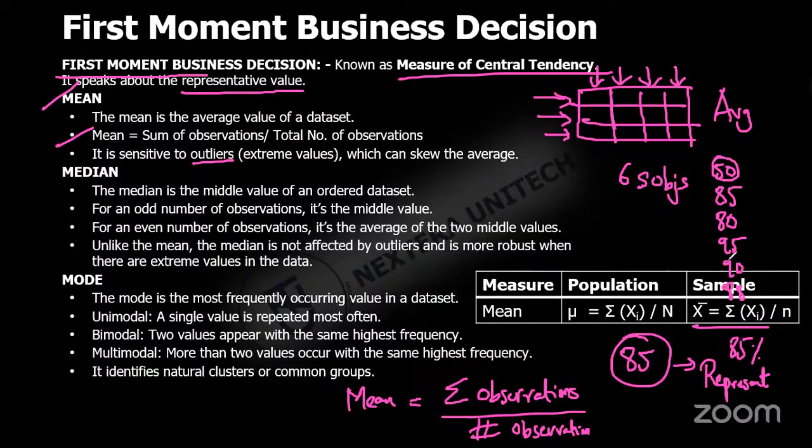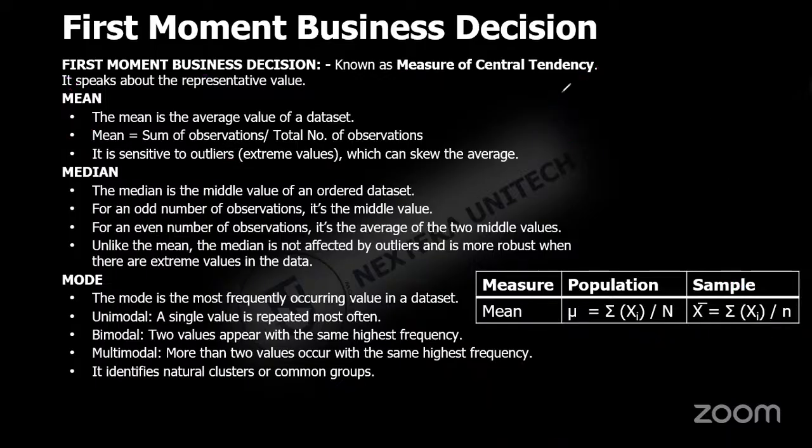Let me take a small example. Instead of taking big numbers, I'll give a small example so that you'll understand well. If you have data in this fashion, guys, 1, 2, 3, 4, and 5, and if I ask you to calculate mean, what do you do? Obviously, you'll use the formula.